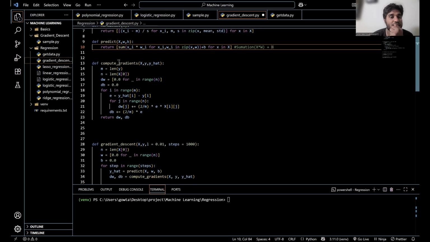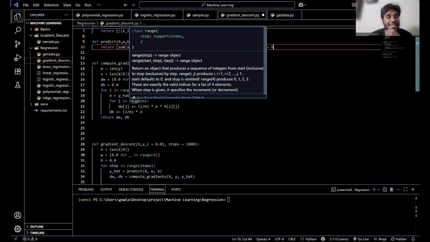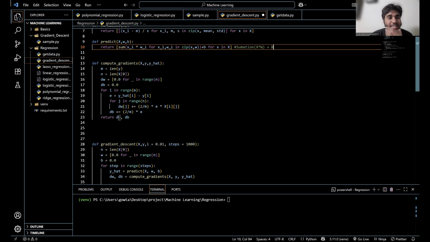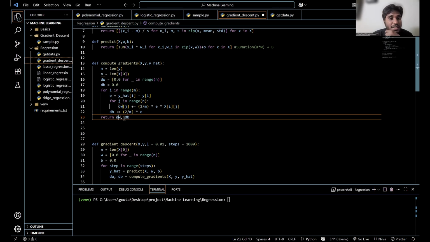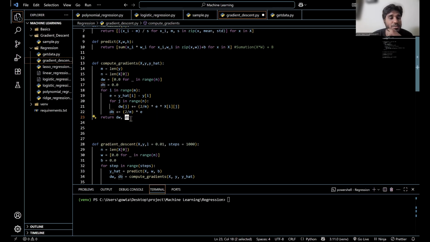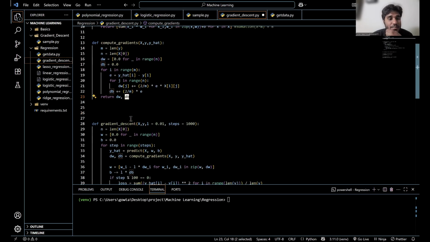Now if you look at the function called compute gradients, what this does is it gives the gradient of the loss function, which we discussed about. dw is the gradient with respect to the weights, and db is the gradient with respect to the bias.